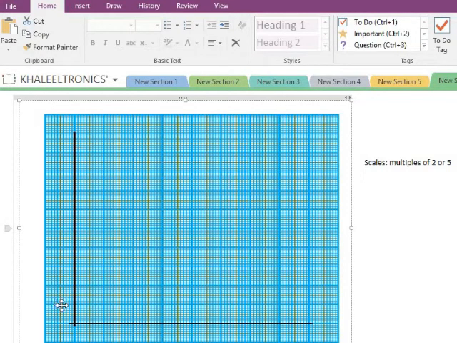If I try 20 multiplied by 10 boxes will give me 200 as the highest value, so it's not going to be okay. Then I will just try 50. I can try 50, 100, 250. But then if I use 50, my graph is going to be too close. That is, it's not going to be spread out.